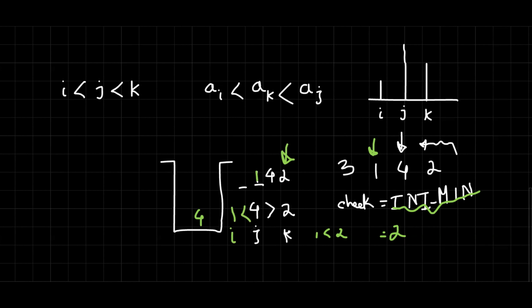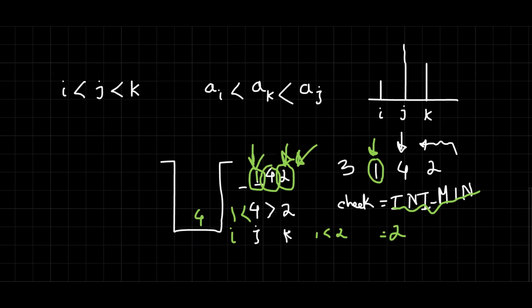So here we can say that we have found the 132 pattern. As our current element is 1 and it is definitely less than 2, that means 2 is greater than 1, and the middle value 4 is greater than both 1 and 2. Hence, we have found the 132 pattern.